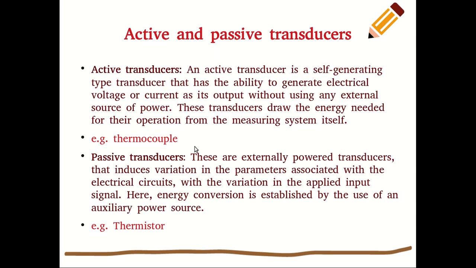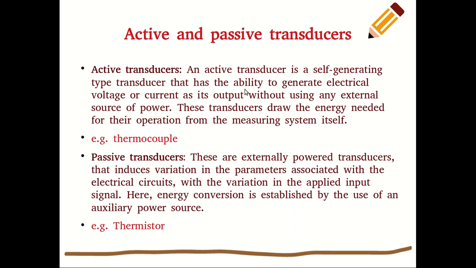The main classification scheme that is considered when speaking about the transducer is whether the transducer is an active transducer or a passive transducer. An active transducer, also known as the self-generating type transducer, is the transducer that doesn't require any external source of power to convert input signal to output signal.